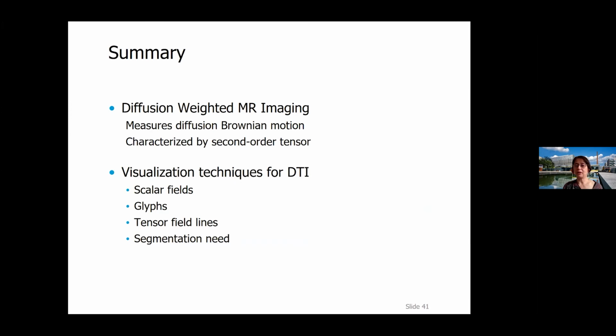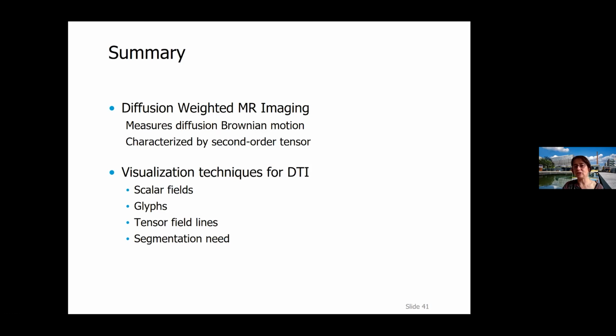Overall, I talked about diffusion-weighted MRI, but I basically presented diffusion tensor imaging. That is a specific model that you apply. There are more complex models and more complex visualizations that you need for this, but I could not handle that in this time. So I focused on diffusion tensor imaging, and I have given a glance at the different possibilities that are there.